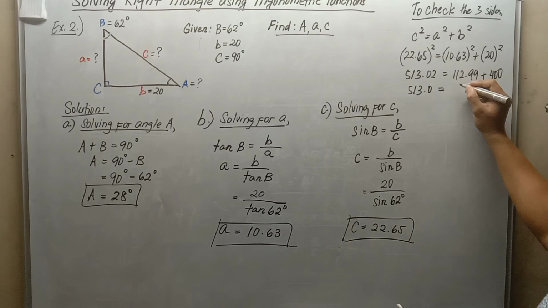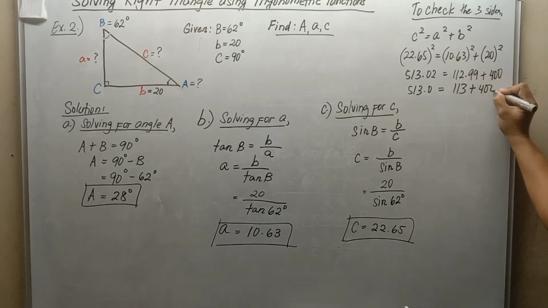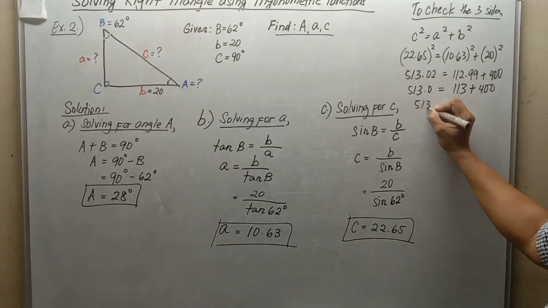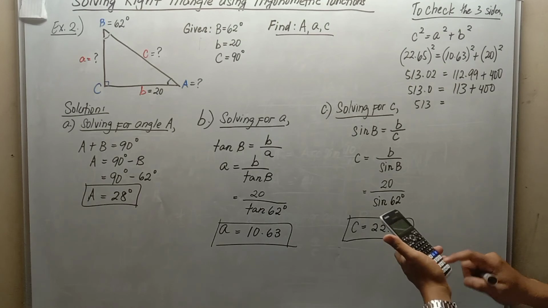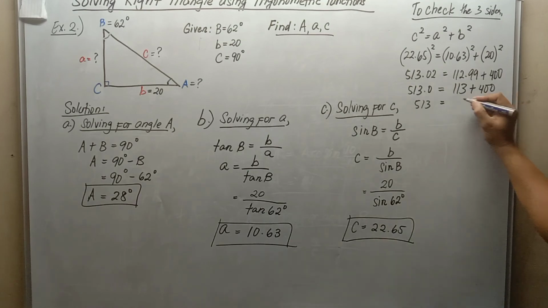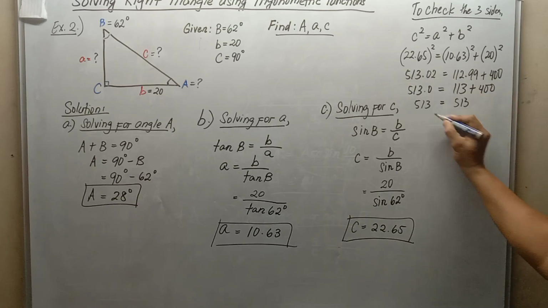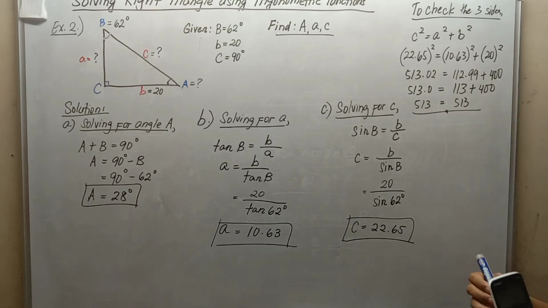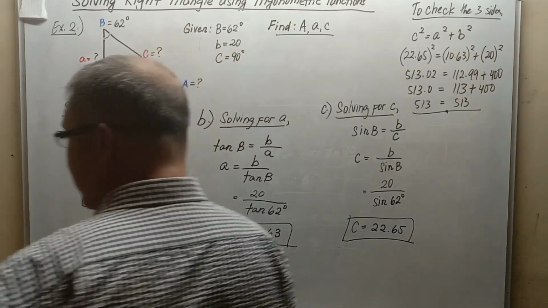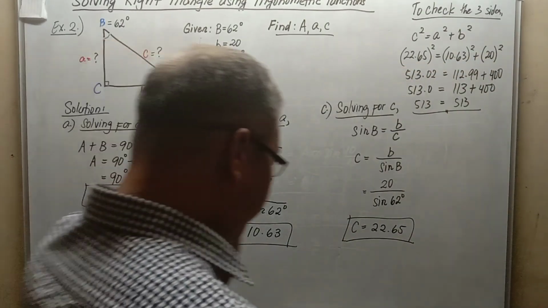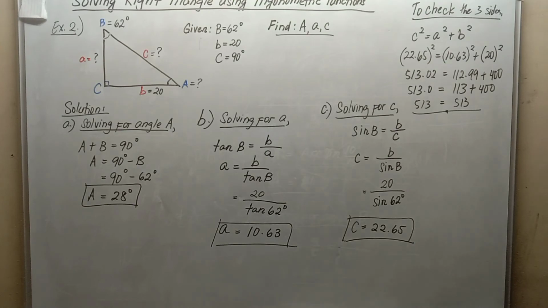It will become 113 plus 400. So 513 is equal to 113 plus 400, so 513. So, guys, they are equal. So meaning to say, our answers for A and C are correct, since we double checked by using the Pythagorean theorem.